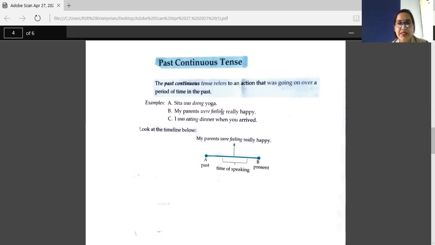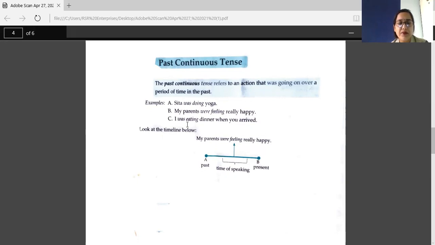So this thing happened at some past time. Parents is plural here, so we have were here. If the subject is plural, use were. If the subject is singular, use was. So we have were feeling, the ing form of feel, feeling really happy. So this is past continuous tense.